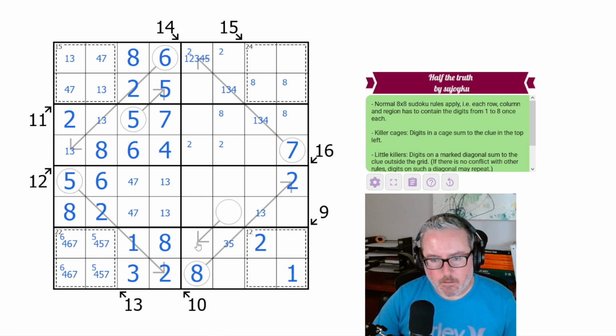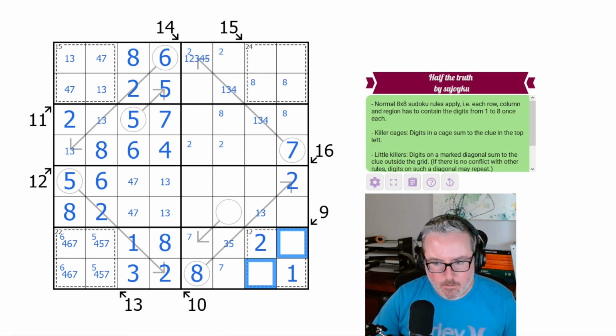Or do we need to look in the 12? Because we can't put a 7 in this, so it has to be one of these 2. So we put a 7 in here, we're already at... We'd have to put a 2, I mean what I'm trying to say, to make the 9.